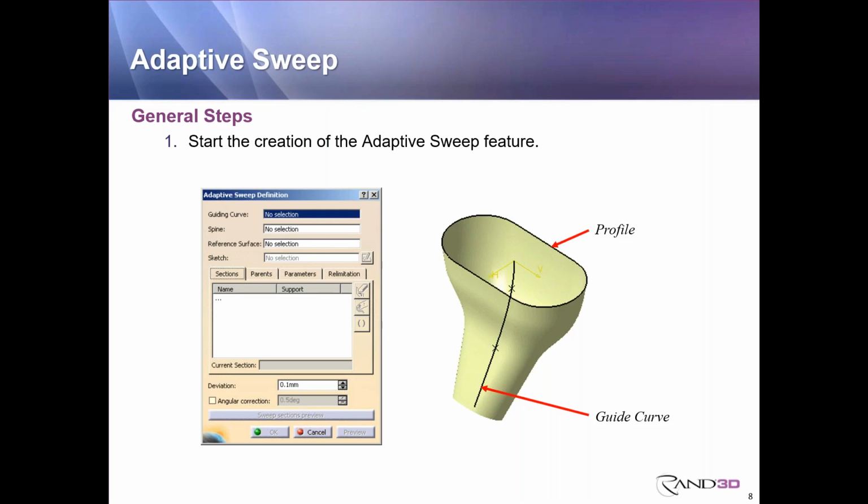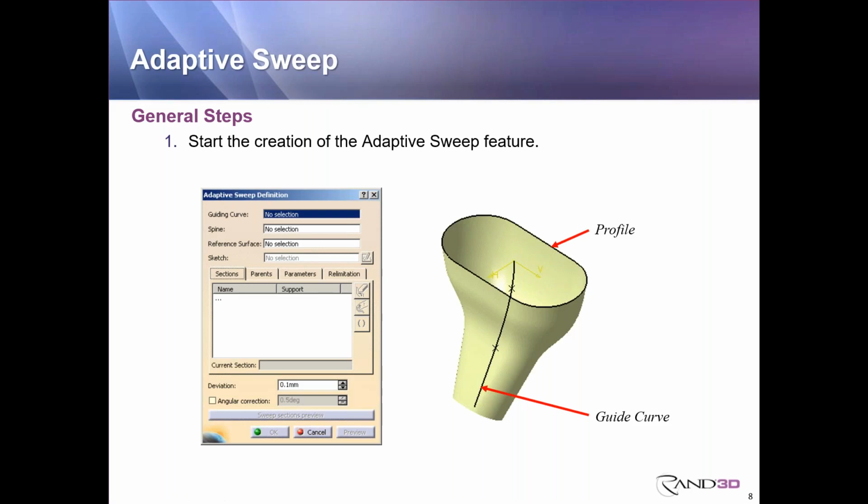I could have pre-selected the guide curve and then the sketch profile, but I would have had to do it in that order if you notice here because of how the fields are defined in the definition box. You can choose the tool and select after the fact if you need to. But if you are going to pick your geometry before selecting the icon, you do have to choose them in a particular order. You can clear later, but it just makes it easier if you do it in the order that they're populated in the box.